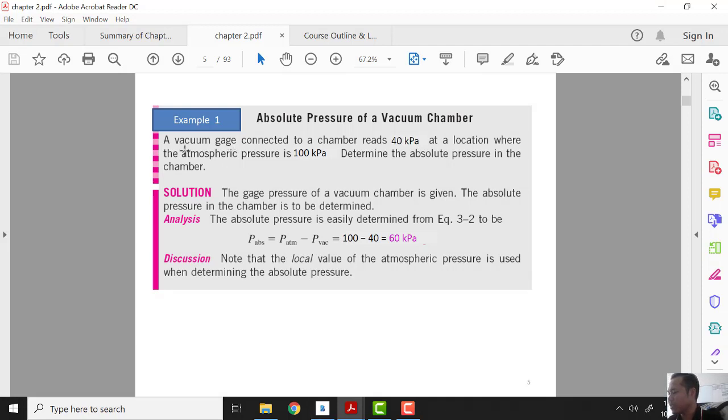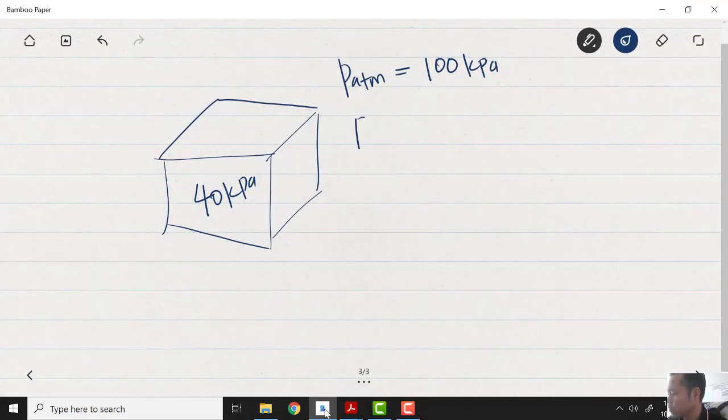What we got here is the gauge pressure in the chamber. We know that gauge pressure is P gauge equal to PABS minus PATM.